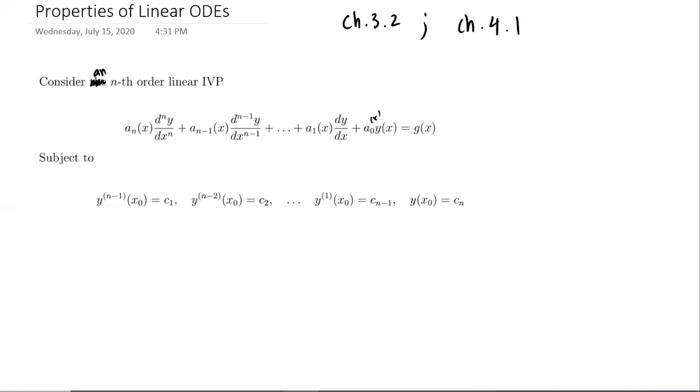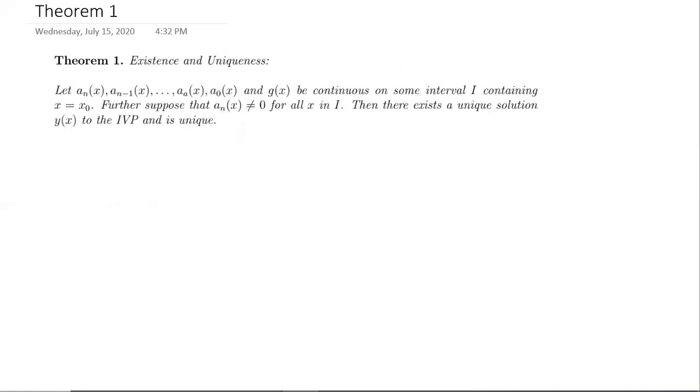Okay. Now, if you remember in section 2.4, we were talking about existence and uniqueness. So there were 2 theorems we saw, both for first order differential equations. One for linear first order differential equations, which was the easiest one to use and the one that gave you the most information, and one for nonlinear differential equations.